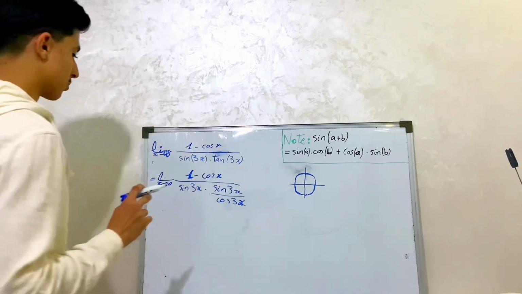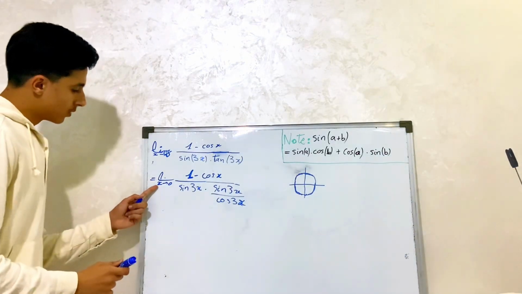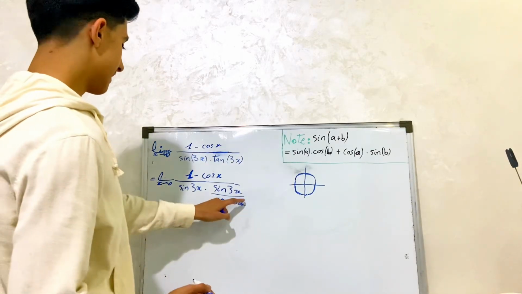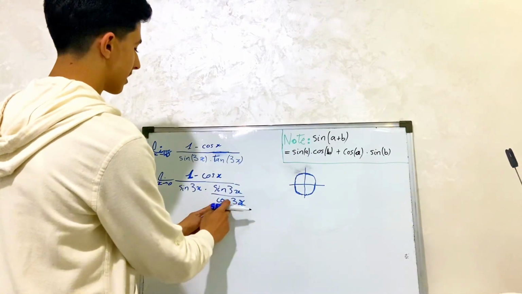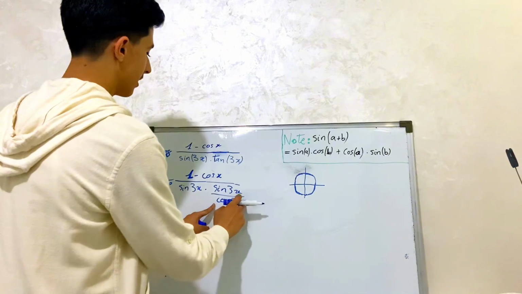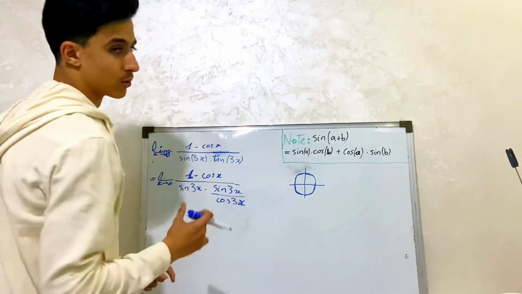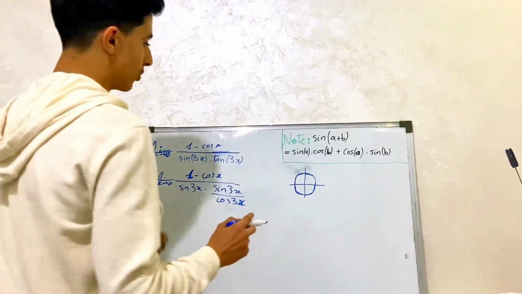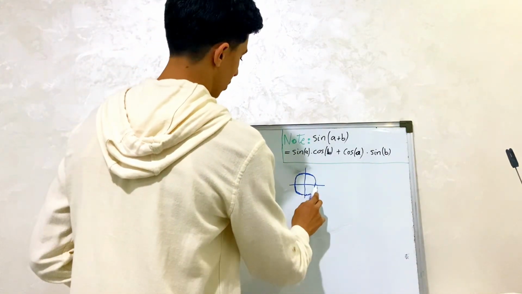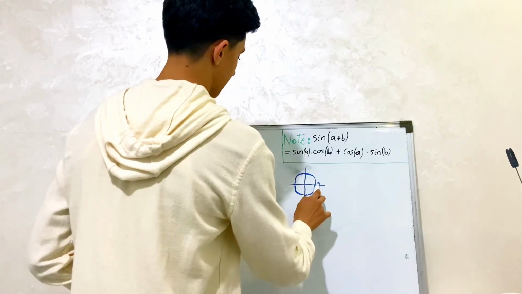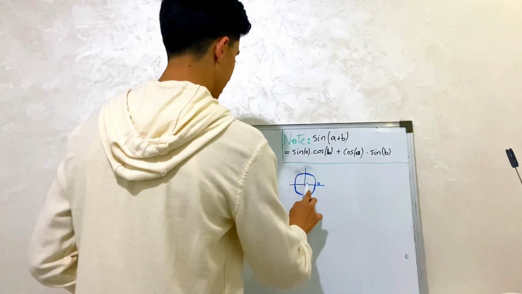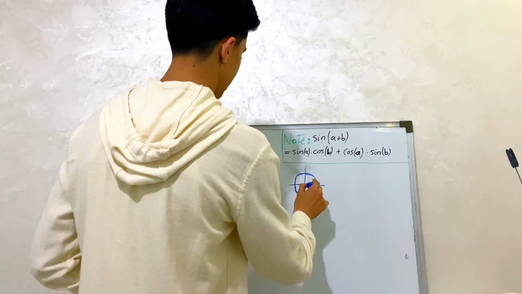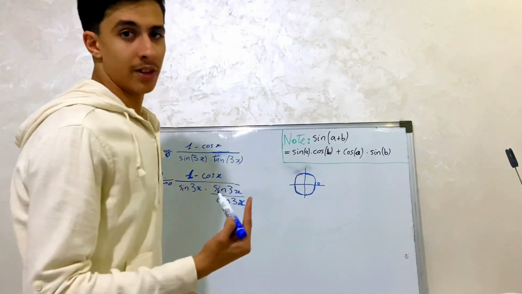So we should first note something here. We know that x goes to 0, meaning that this part here is basically cosine of 3 times a number that is really close to 0. Not really 0, but really close. So if we go to the unit circle here, and we go to 0, cosine is basically 1.